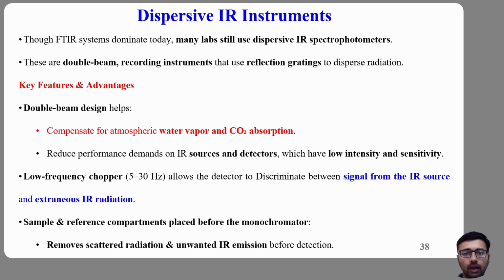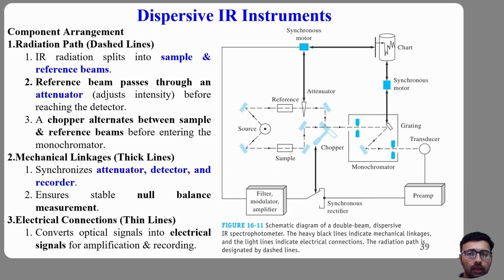If this stray light enters the monochromator, the grating disperses it. Only the desired wavelength reaches the detector. This greatly improves the spectral purity. Now, let us examine the thick black lines shown in the diagram.